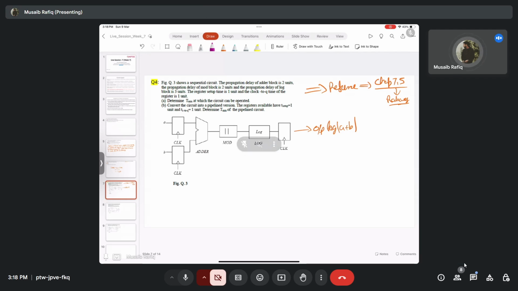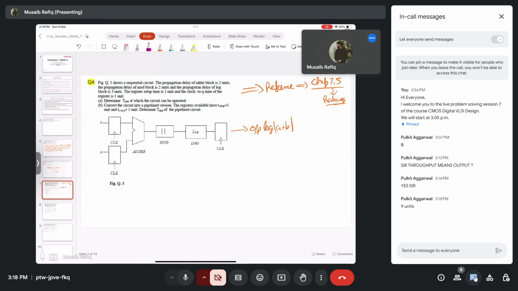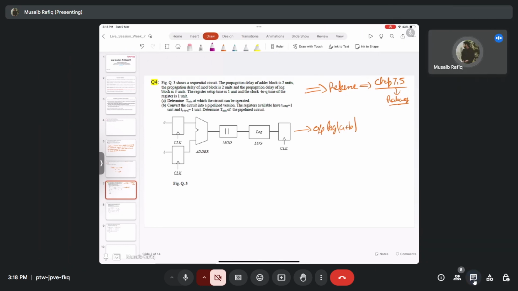Some of the students have given the answer. Just a request, I'll wait for others also. If you can try part B as well, just try. What do you think will happen?